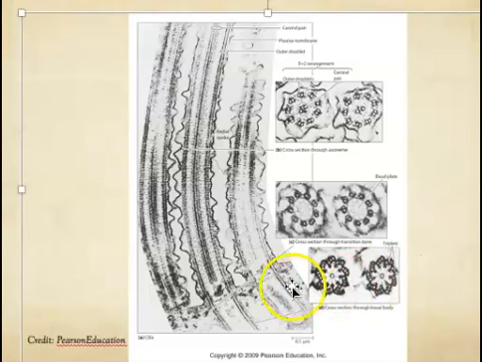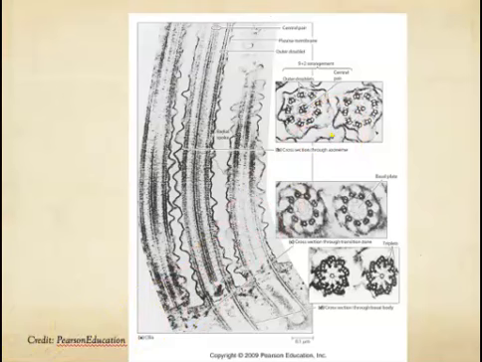And then as you move upward, you get into the axonemal region, and then we move into doublet microtubules around a central pair. And this is where the dynein is located. The spokes are located. The dynein, the axonemal dynein, is what provides the power for cilia and flagella to move.